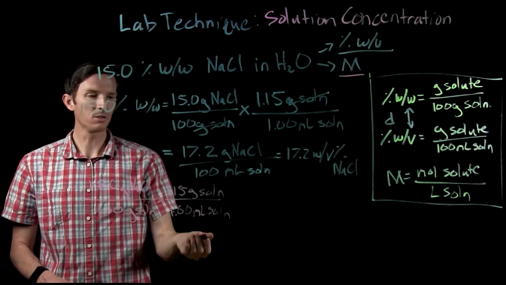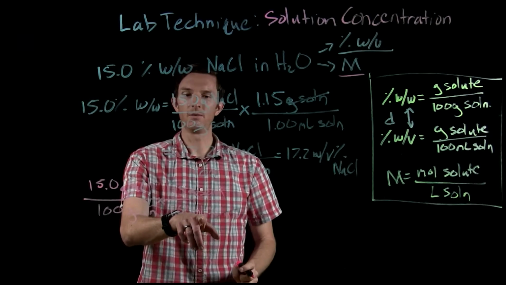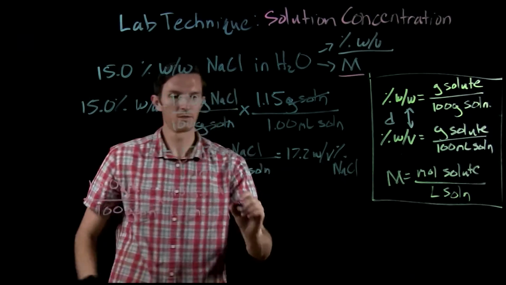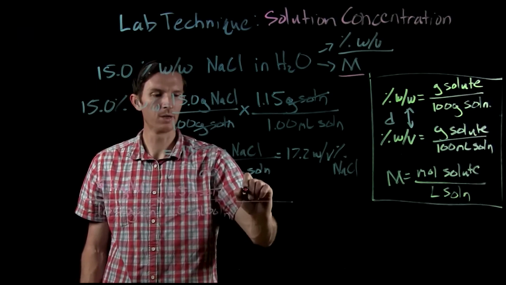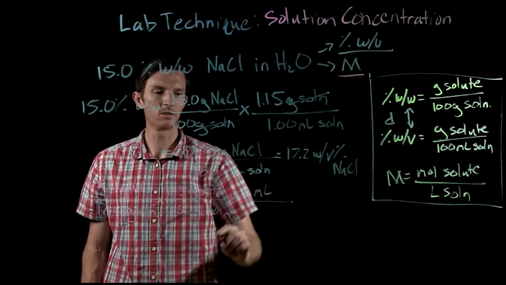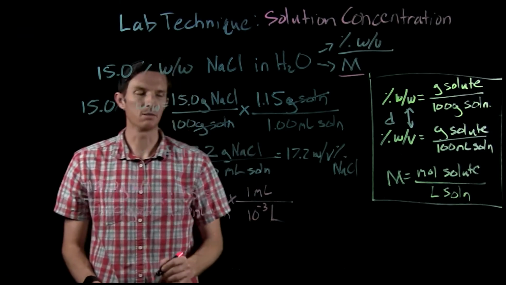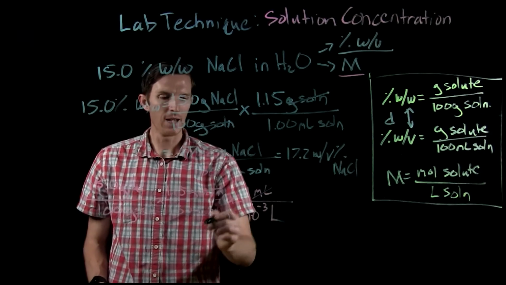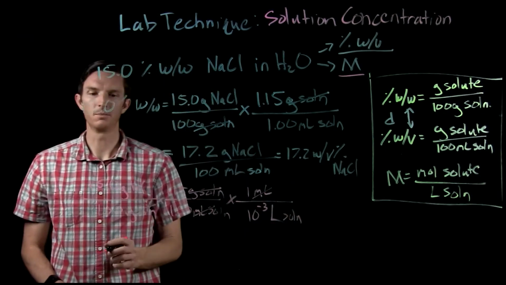And then what we want to get to is milliliters to liters, so we just need to do one more conversion. 1 milliliter is 10 to the negative 3 liters, that's what milli means. So now we get from milliliters to liters of solution.